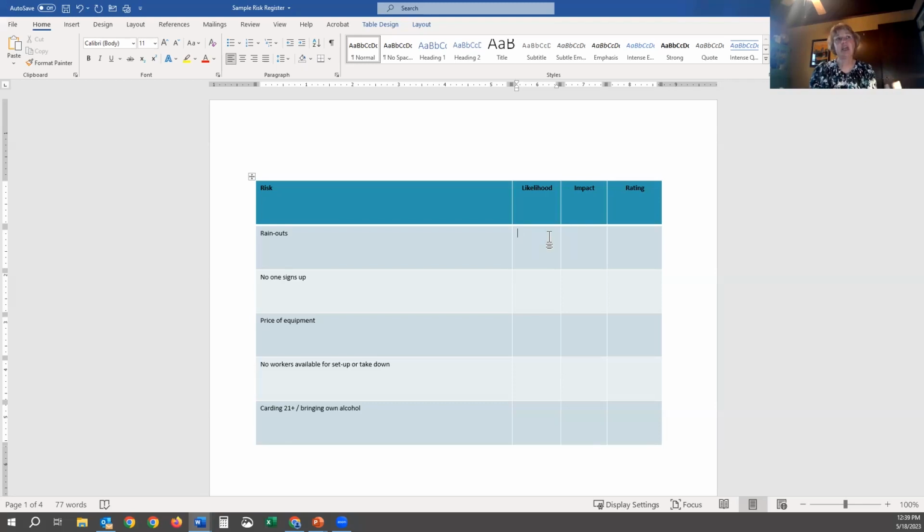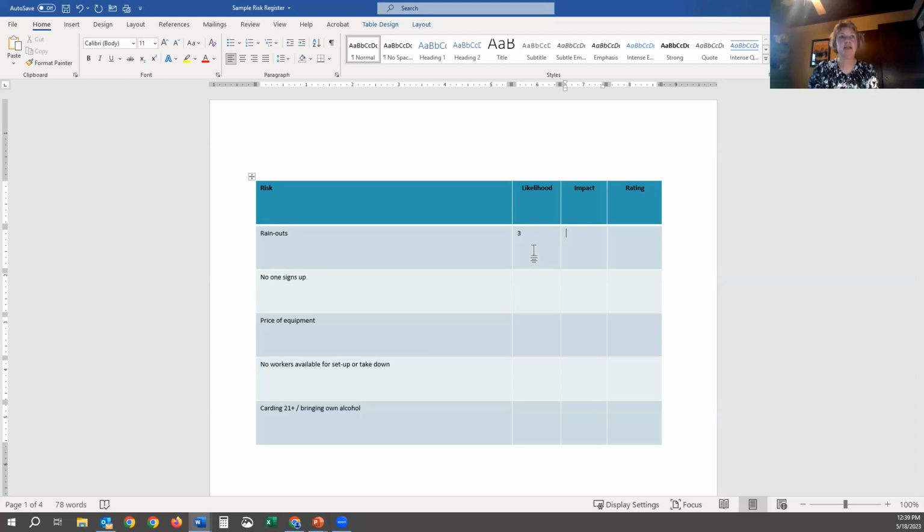You would simply ask, what's the likelihood of a rain out? Well, it's Minnesota in the summertime, probably 50-50. Sorry, 1 is next to no likelihood of happening, 5 is very likely. And for impact, 1 is very minimal impact, 5 is really big impact, maybe epic fail impact.